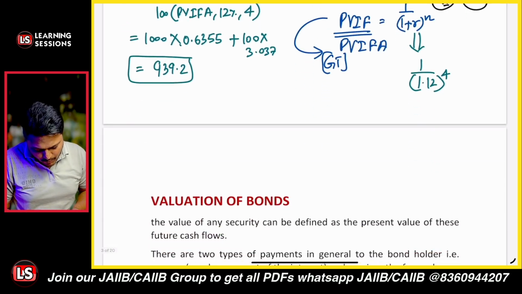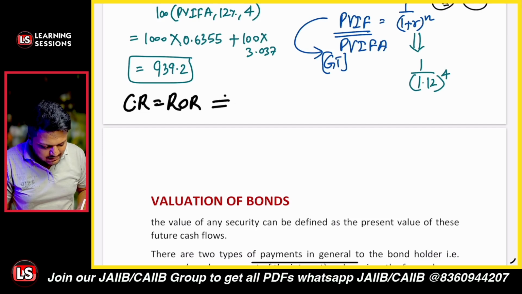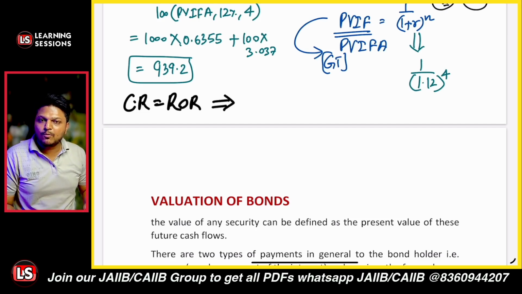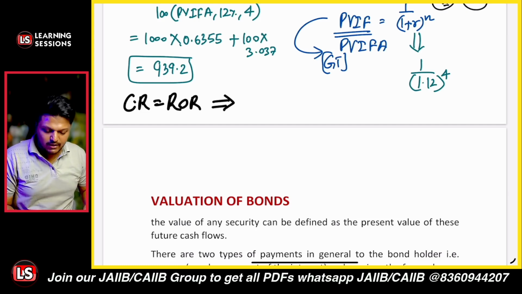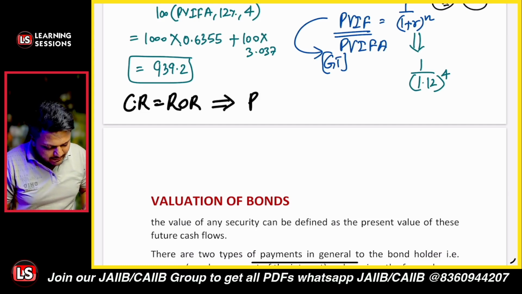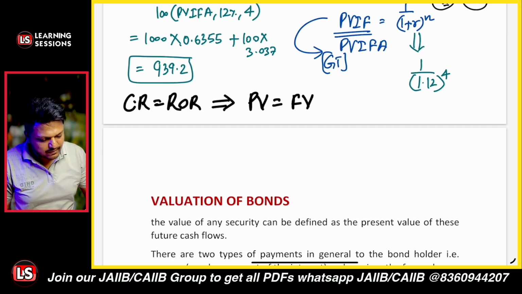So if the coupon rate is equal to the required rate of return, in that scenario, the present value is equal to the face value of the bond. Getting it?